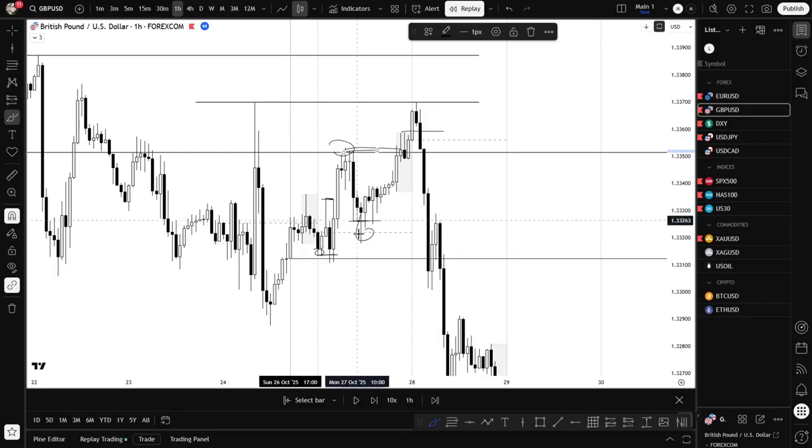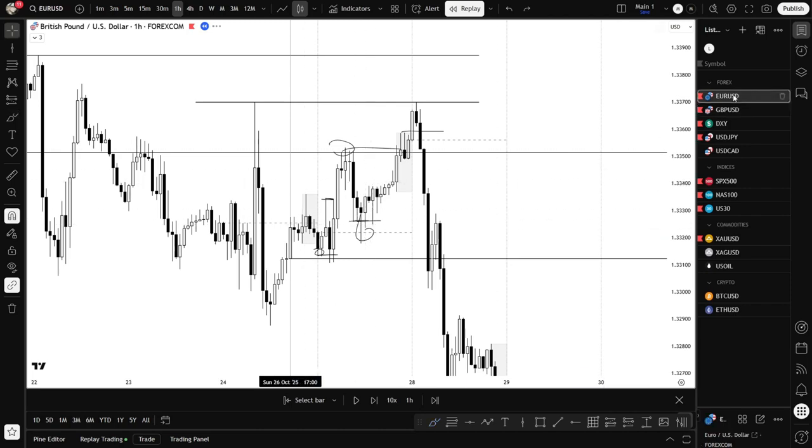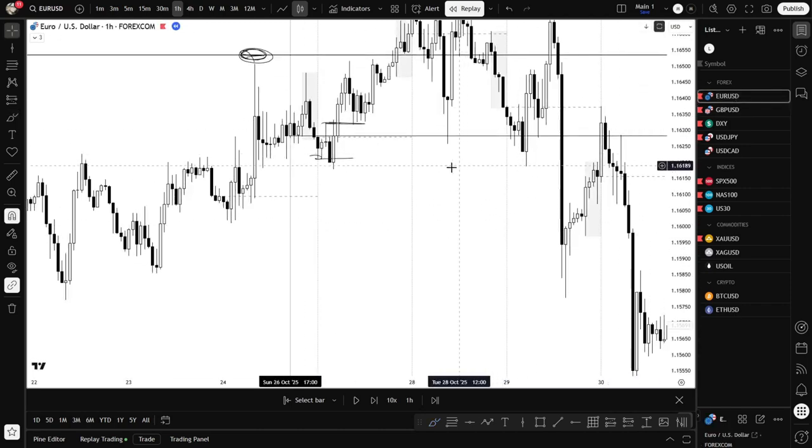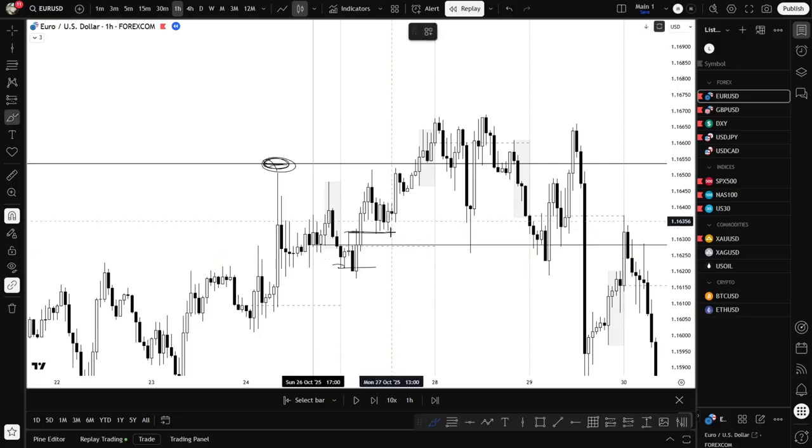But yeah, this is really it. So on EU, the SMT happens here. So if you traded EU, once we hit the key level, this is the exit here. Once we took it again, you close the trade.